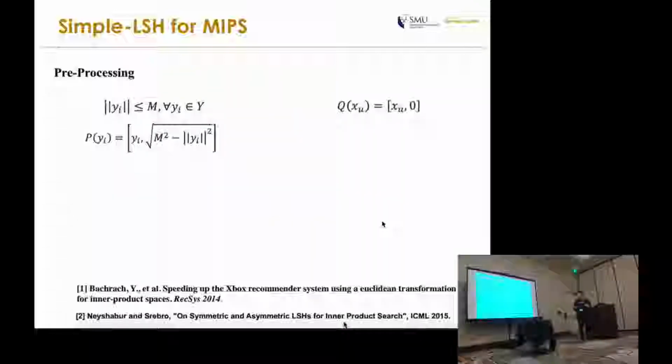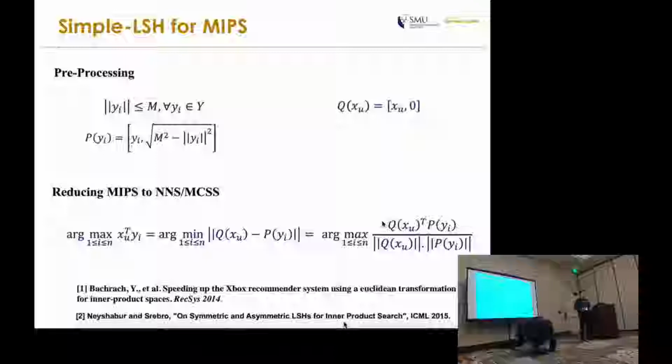Effectively, they only need to augment the user vectors and item vectors into one more dimension, by just appending a 0 value to the user vectors and making sure that all the item vectors now have the same norm. And with this transformation, you effectively convert inner product search into nearest neighbor search and maximum cosine similarity search.